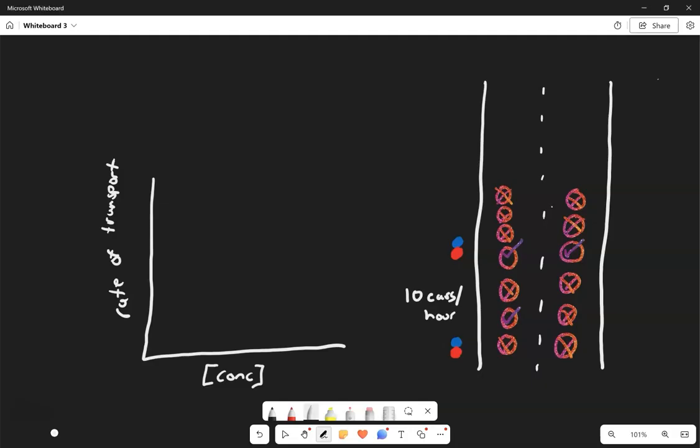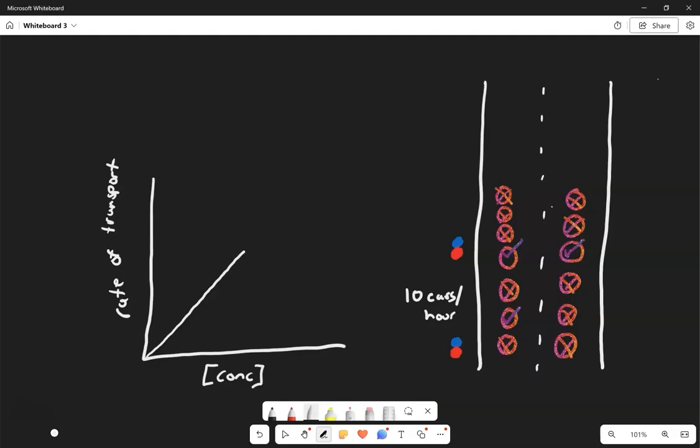But as we increase the concentration, the rate of transport goes up in a pretty linear fashion, right? So as we increase one more molecule, we can transport one more molecule.